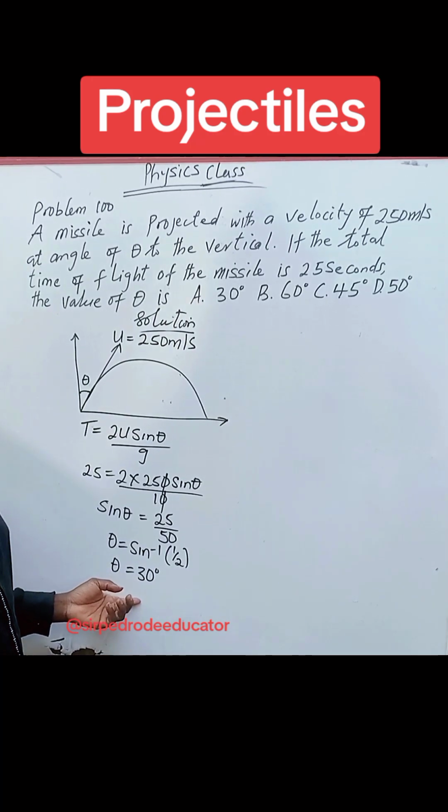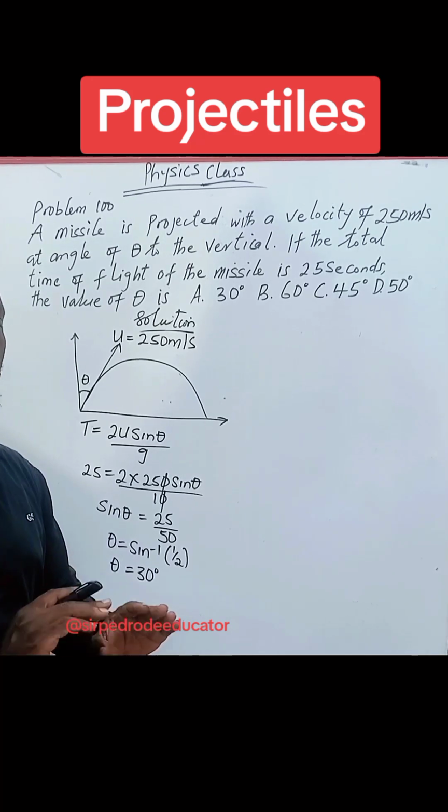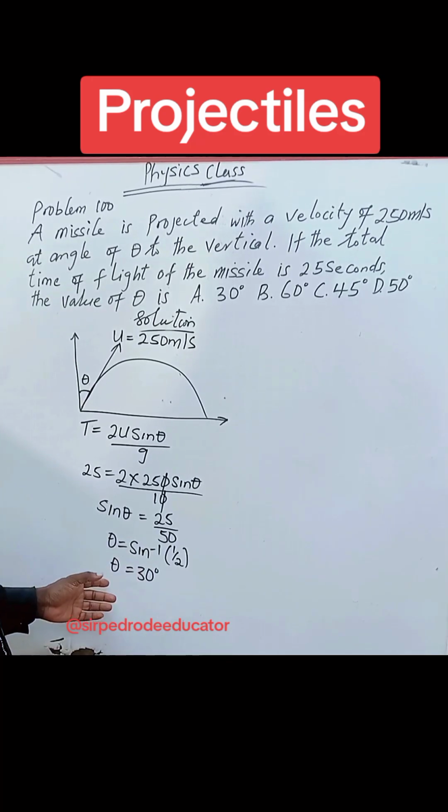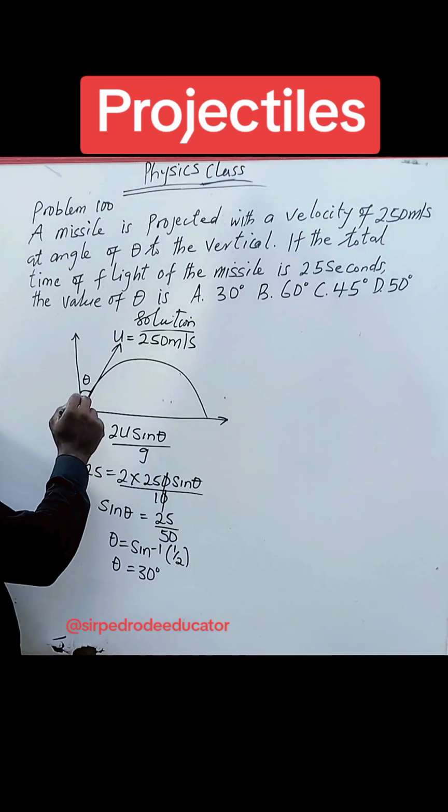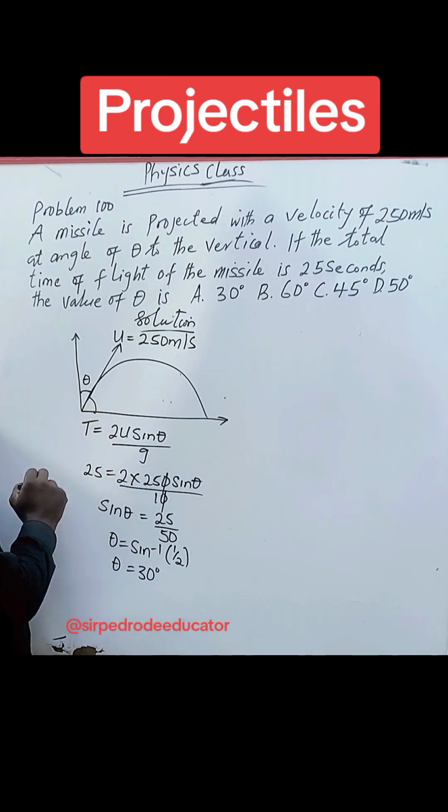But if you accept this as your answer, you are absolutely wrong. Because if you look at the diagram, look at where the theta is, this is supposed to be the value you are looking for.